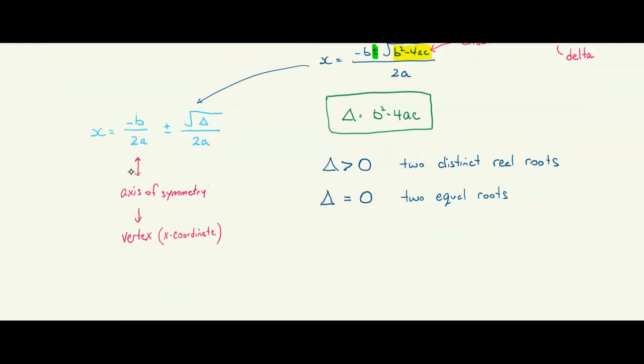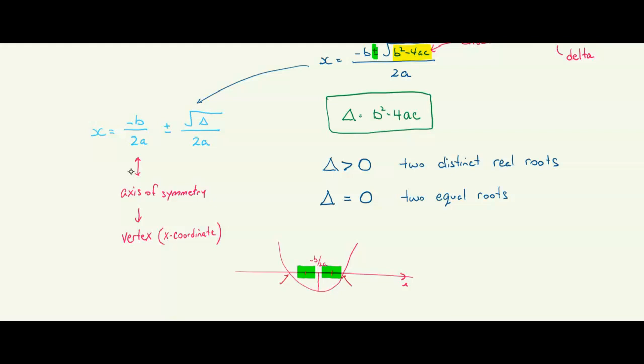That means that if we've got a parabola, and this is our x-axis here, then this value of x here is minus b over 2a. And we've got the same distance on either side, you see. These are the same distance to the next root here and the next root there.